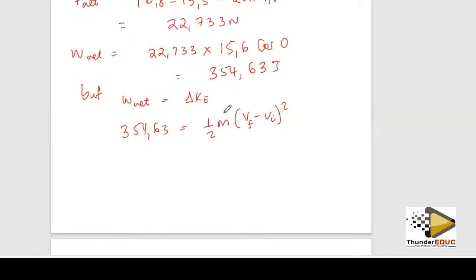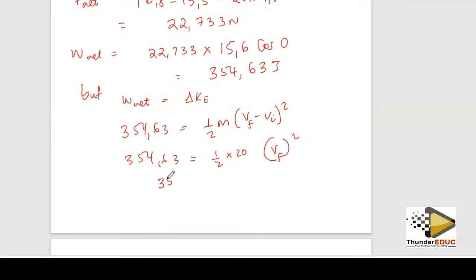What am I looking for? I'm looking for the velocity. So 354.63 is equal to a half times 20. Remember, my final velocity is what I'm looking for. The initial velocity is 0. So that's going to be V final squared.